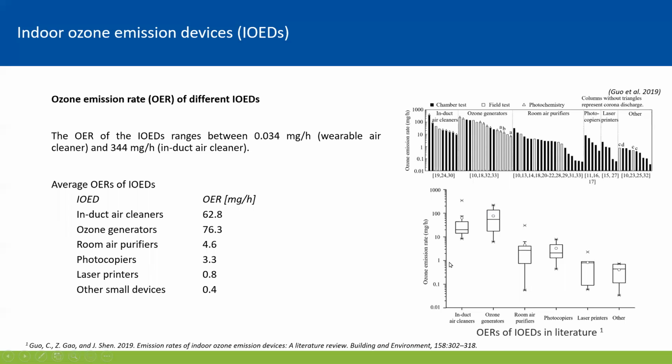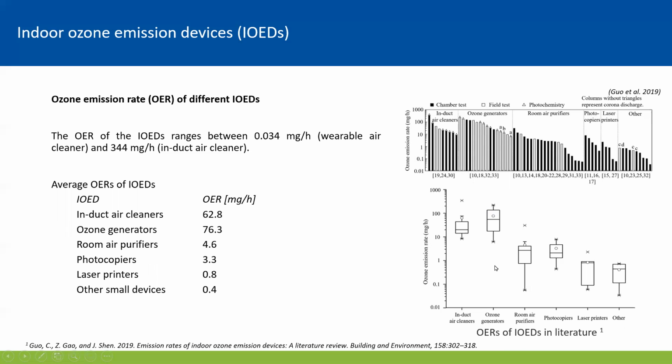Generally speaking, ozone generators and in-duct air cleaners have the highest ozone emission rates, with an average of 76.3 milligrams per hour and 62.8 milligrams per hour.